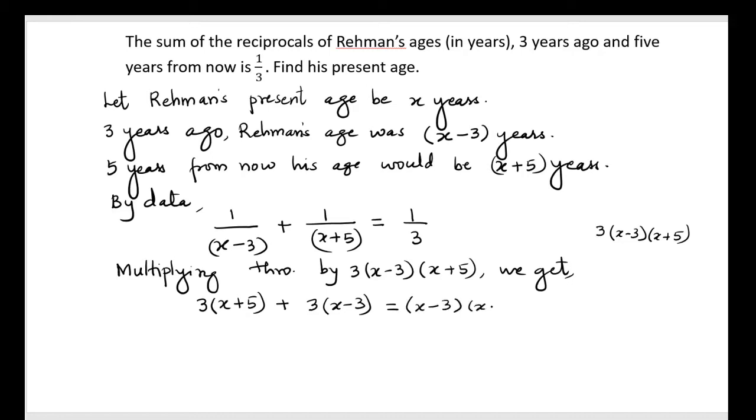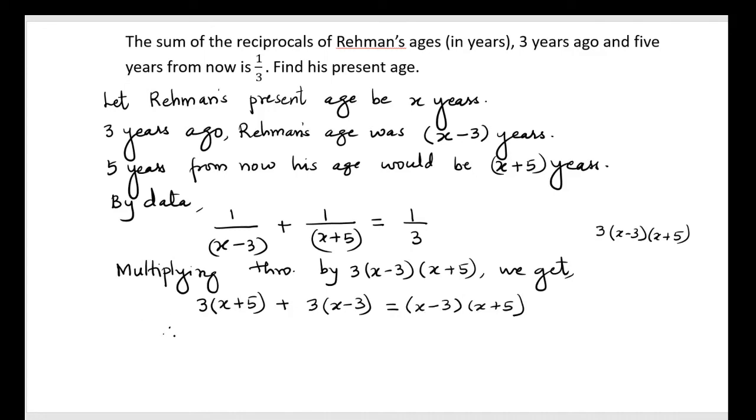Now you can notice that if you just multiply these terms outside the bracket into the brackets here and take the product of these two brackets, you will eventually get a quadratic equation, because this x will be multiplied with this other x and x into x will become x squared.